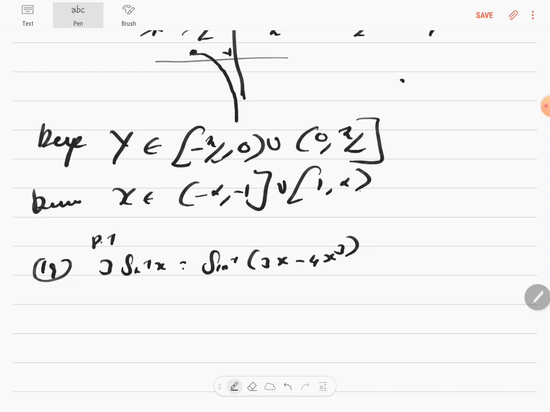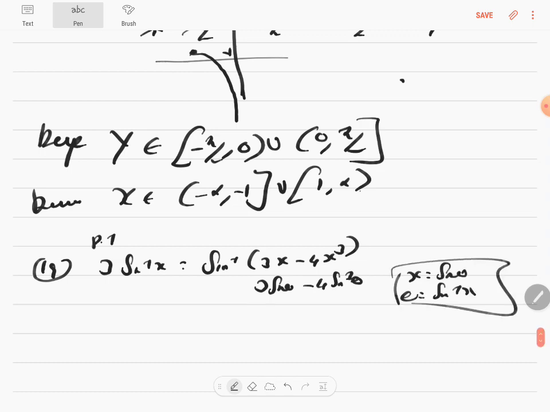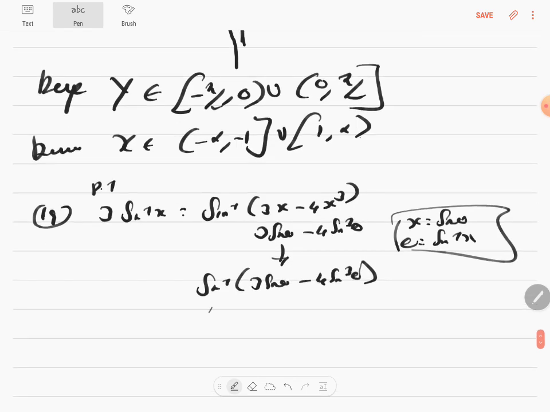The moment I see this, it resembles 3 sine theta minus 4 sine cube theta. Therefore, I'll substitute x as sine theta. Theta is equal to sine inverse of x. So I'll take the right hand side, write it as sine inverse of 3 sine theta minus 4 sine cube theta, which itself is sine 3 theta. Sine inverse of sine 3 theta itself is 3 theta. Theta itself is sine inverse of x, so 3 into sine inverse of x, hence you can prove the left hand side.